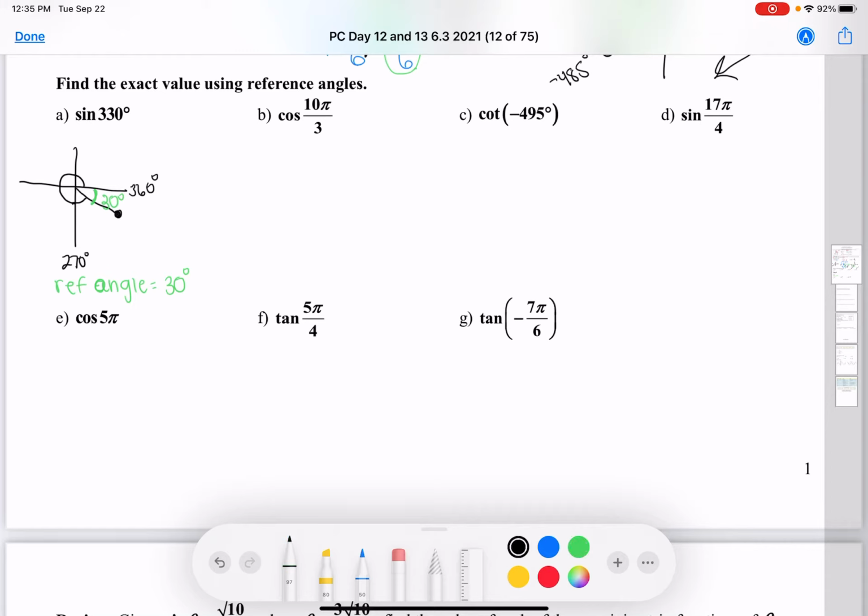I gave you guys my little trick. I basically create a table and I just write my first quadrant angle measures in there. I'm in degrees for part A, so I'm not going to worry about writing the radians next to all of these. So there's my angle measures.